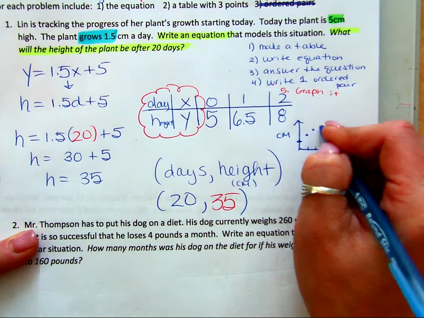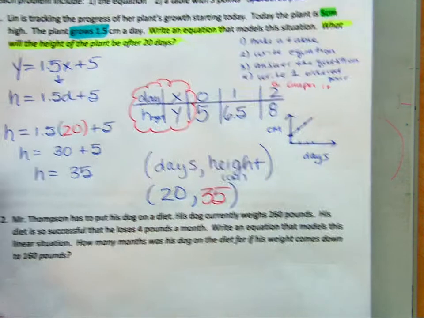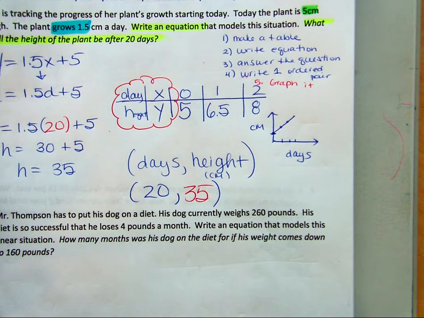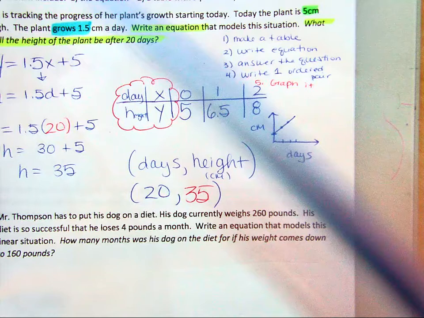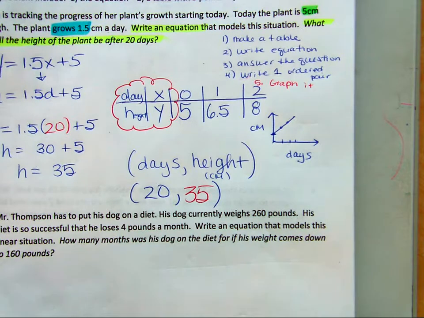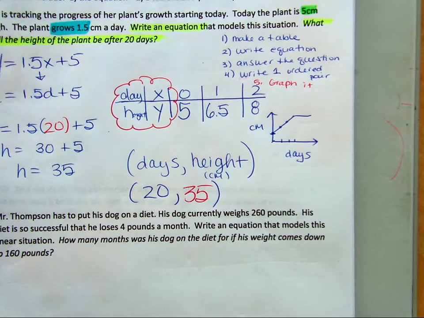Hey, that's linear. And then at this point, we would have to stop and say, should I put an arrow? Do you think this plant is going to grow forever and never stop? It's probably at one point when Lynn measures, it's going to stop growing. So it may not have an arrow. It may maintain the same height. Then if she forgets to water it, it might die.